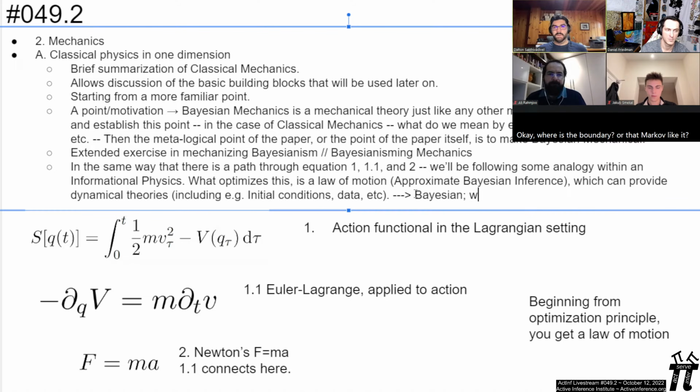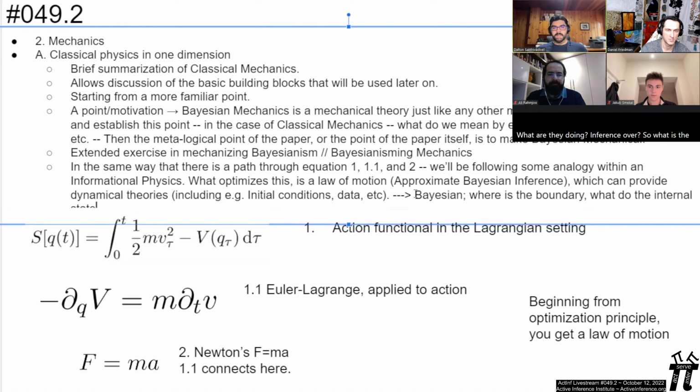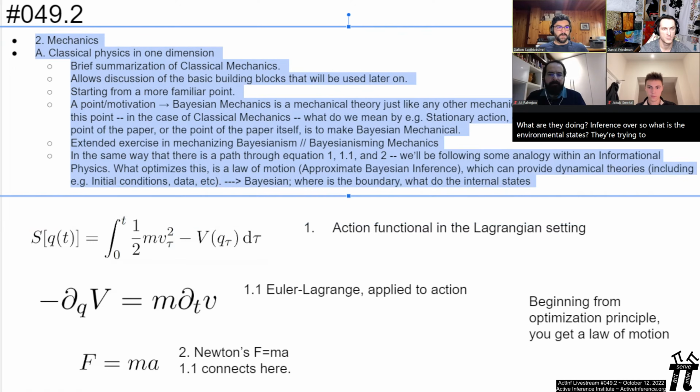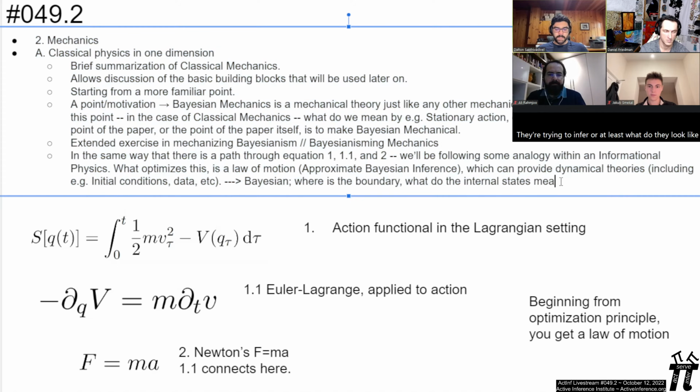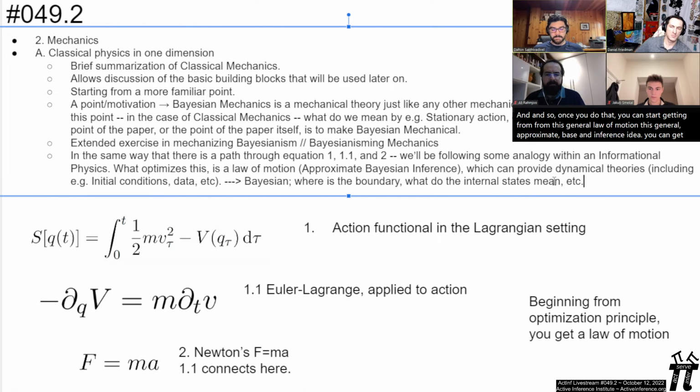What do my internal states mean? What kinds of systems am I actually interested in? What are they doing inference over? What are the environmental states they're trying to infer, or at least what do they look like to the system? Once you do that, from this general law of motion, this general approximate Bayesian inference idea, you can get actual dynamical things and models of real situations.